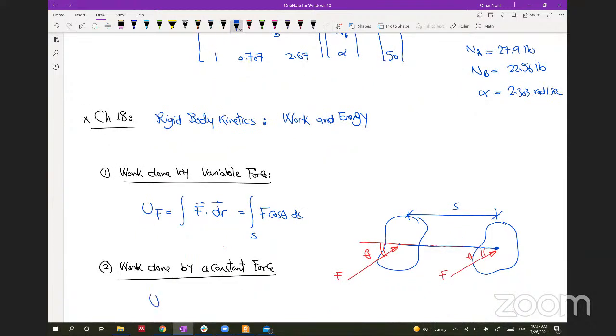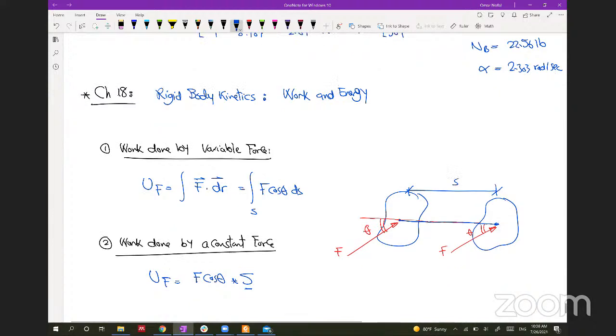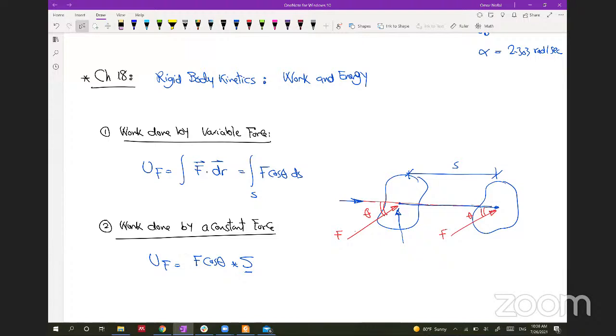It will be equal to F cosine theta, and if I integrate ds, it will be the length of the entire S. So I can remove the integration and do direct multiplication, F cosine theta multiplied by S. This is because the only component of this force that exerts work on this body is in the direction of the path, and any perpendicular force will not exert any work. So this is the work done by a constant force.